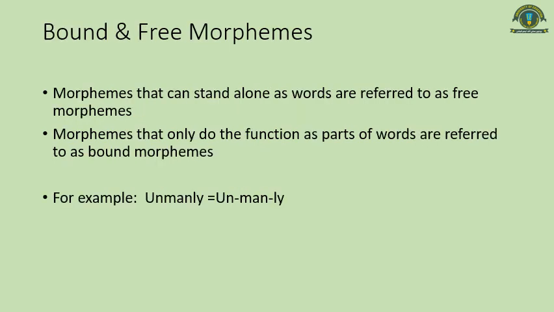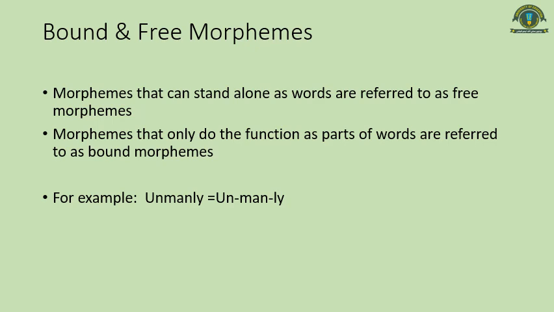Another way of classifying morphemes in morphology is into two types: bound morphemes and free morphemes. Free morphemes are morphemes that can stand alone as words.